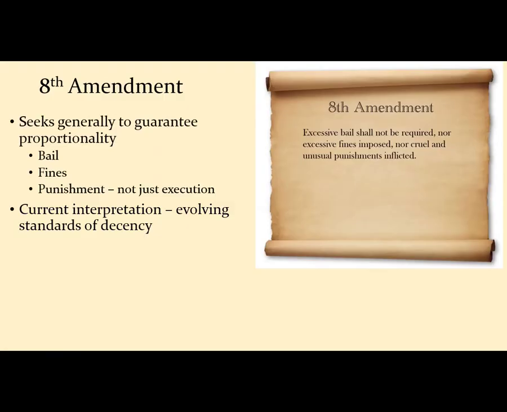To my knowledge, there is no Supreme Court case that defines a specific form of execution as being inherently cruel and unusual. So as far as the choice of what type or manner of execution goes, that's kind of an open question. There's a variety of different ways that states might execute a criminal defendant.